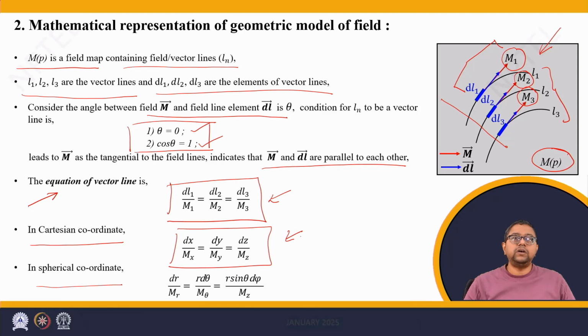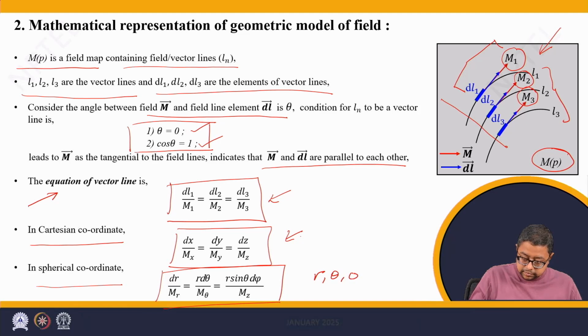Similarly, in the spherical coordinate system, we have the equation of vector lines as given here. This can be described in terms of the radius r, the azimuthal angle phi and the polar angle theta. So this reads dr by mr equals r d theta by m theta equals r sin theta d phi by m phi.